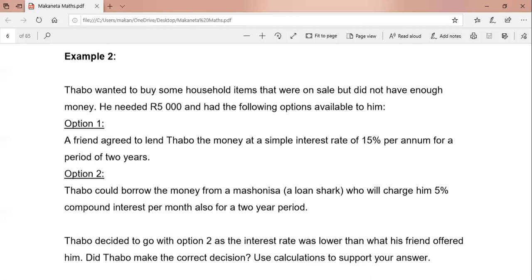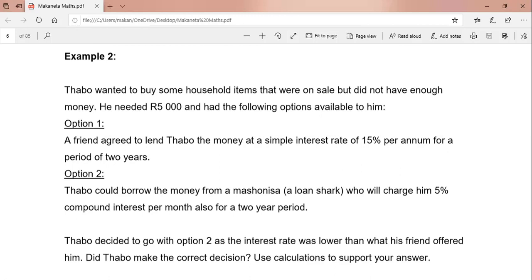Now, in order to know this, you need to always remember the correct formula that you need to use at all times. Remember that for simple interest, A is equal to P open bracket 1 plus IN, rather.